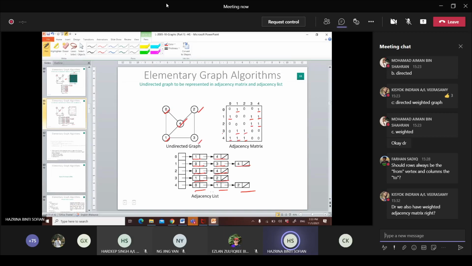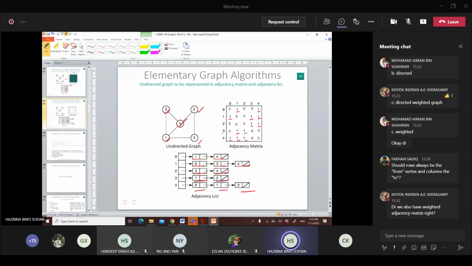Okay. From Kishore: Doctor, we also have weighted adjacency matrix, right? Yes. For weighted adjacency matrix, we need to indicate somewhere the weight. Okay, but for this course we exclude that. But of course you can see how it can be done, to put the weight somewhere.